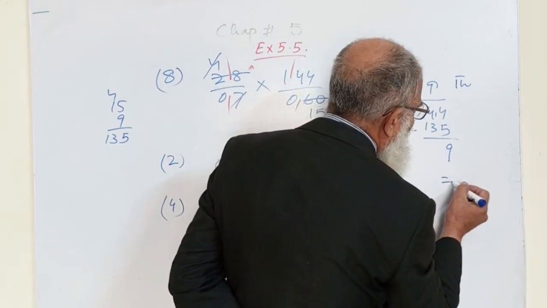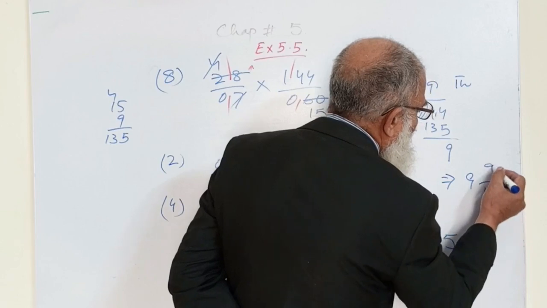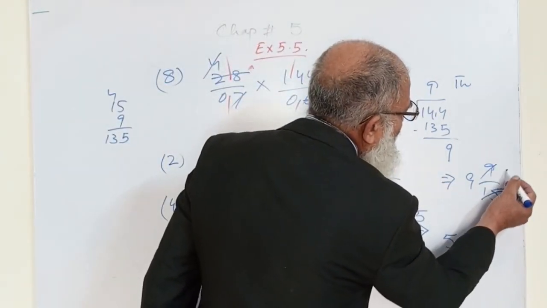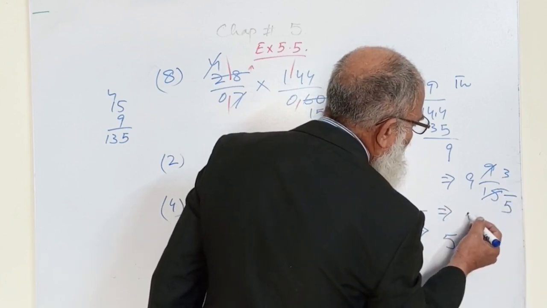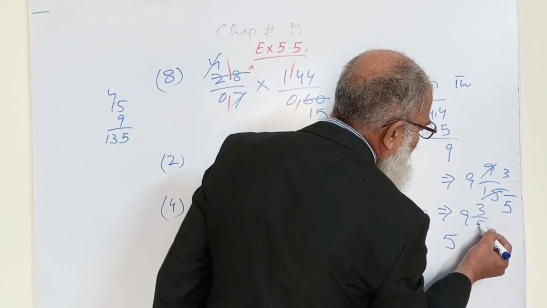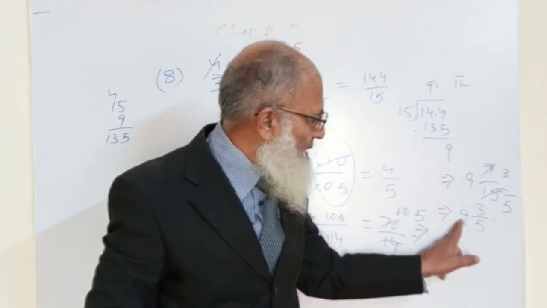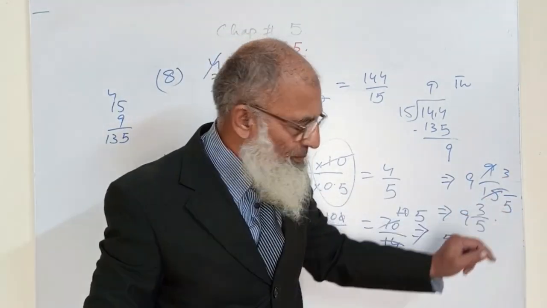So it will become 9 whole 15, 9. This is divisible 3 times and 5 times, so you can write it like this as well: 9 whole 3 upon 5. 3 3 times, 3 5 times.